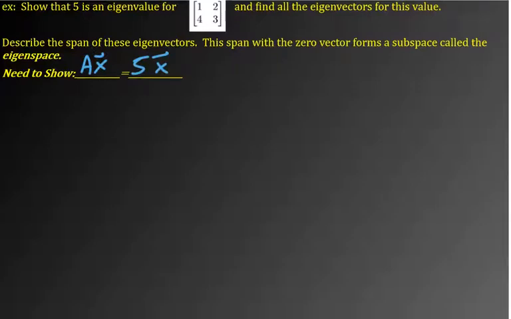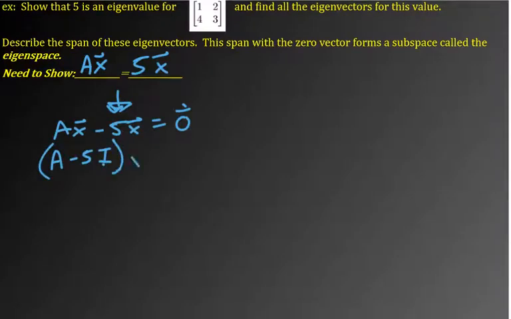So if I do a little bit of algebra here, I could move this over, and now that's equal to the 0 vector. And then I'm going to take the vector x out on the right. So I'll have A minus 5 times the identity matrix times the vector x equals the 0 vector.